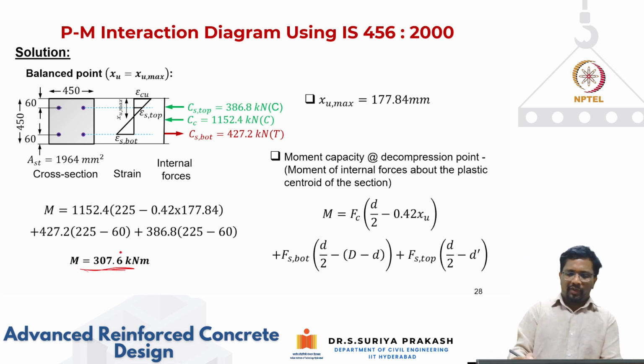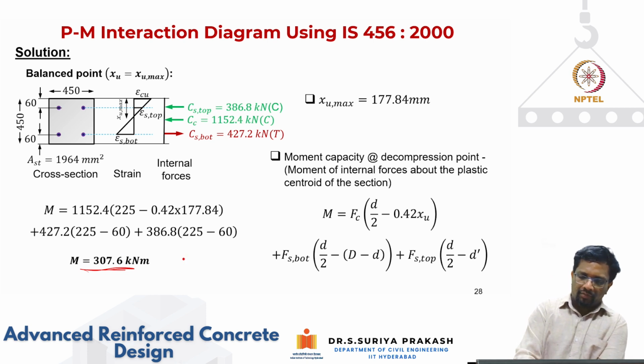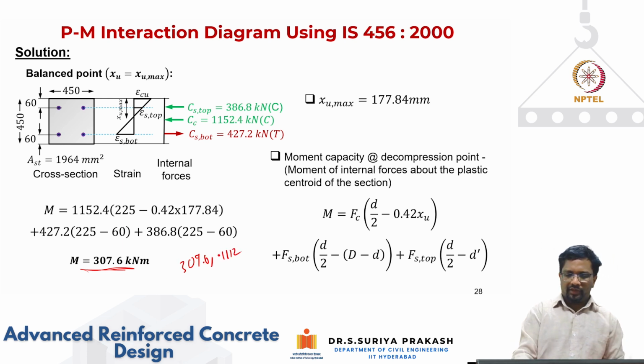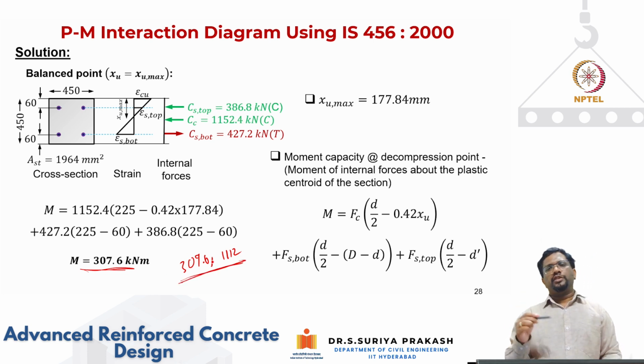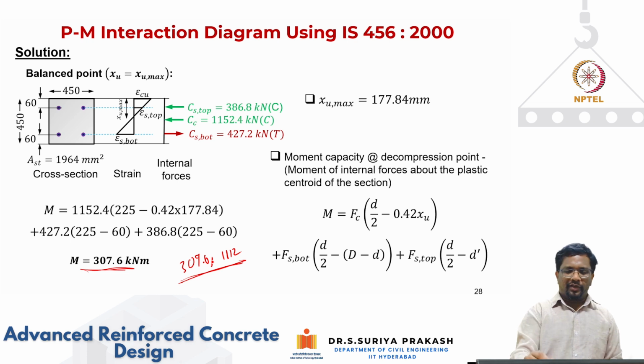So for the balance condition, we got a moment of 307.6, comma, axial force of 1112 or so. This is your balance condition. So you now have one more combination of axial compression and bending that creates this kind of strain profile.